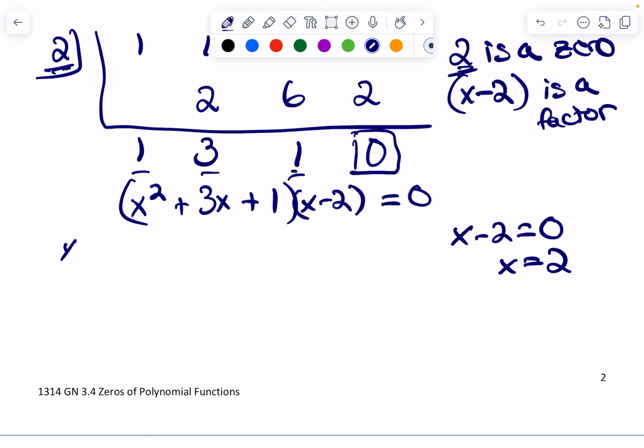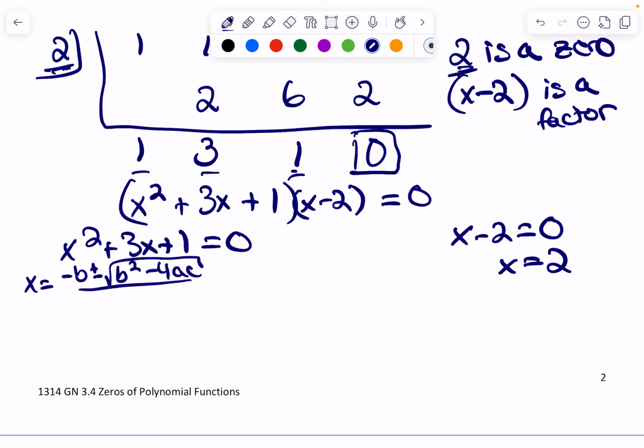We need to go ahead and factor x squared plus 3x plus 1. What we're going to do is use the quadratic formula for that. So x equals negative b plus or minus the square root of b squared minus 4ac, divided by 2a.